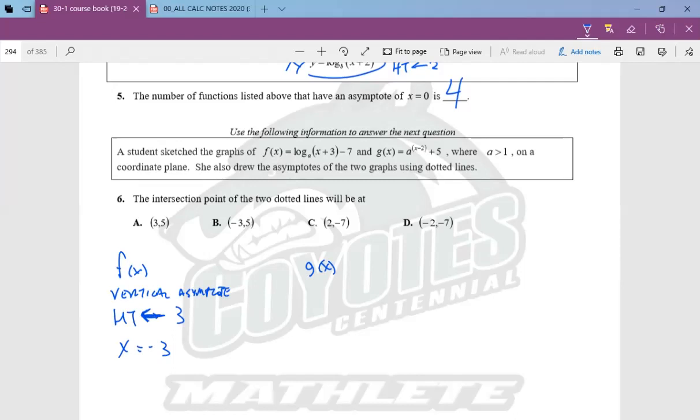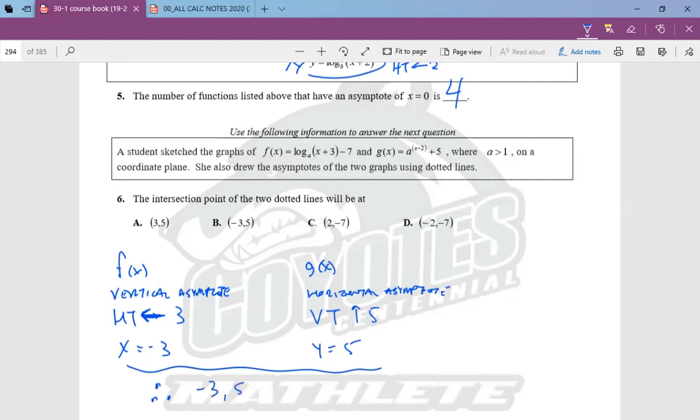And so therefore it has a horizontal asymptote, and we have a horizontal asymptote that has been shifted. We've had a vertical translation up by 5. And so therefore my horizontal asymptote is y is equal to 5. So therefore we put that all together. Where do those asymptotes intersect each other? At -3, 5.